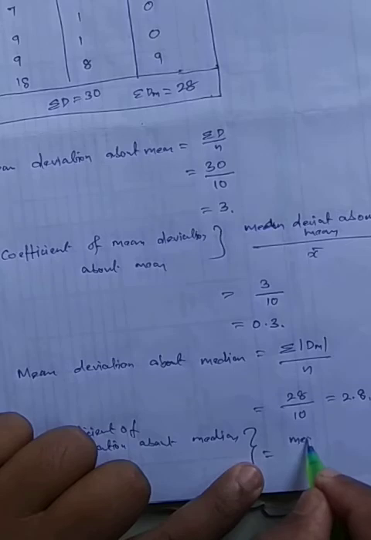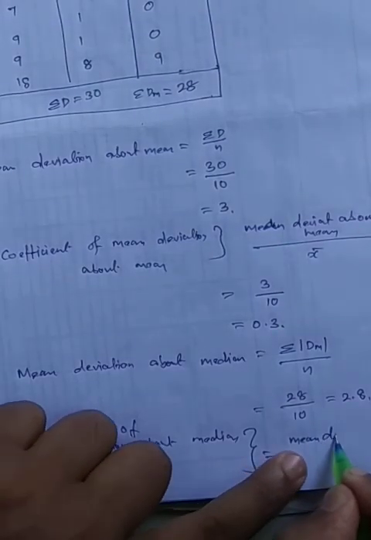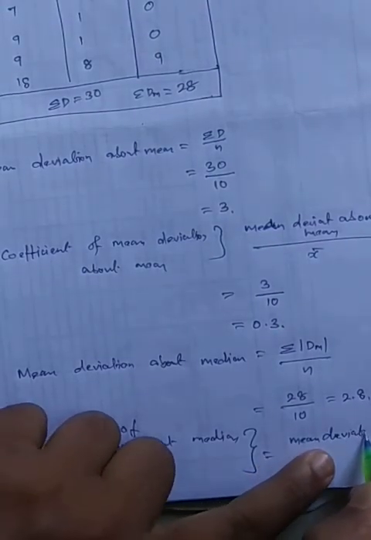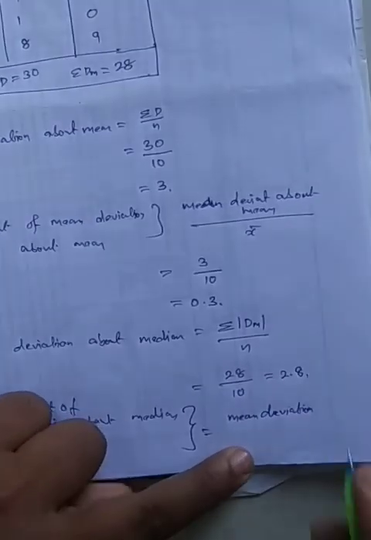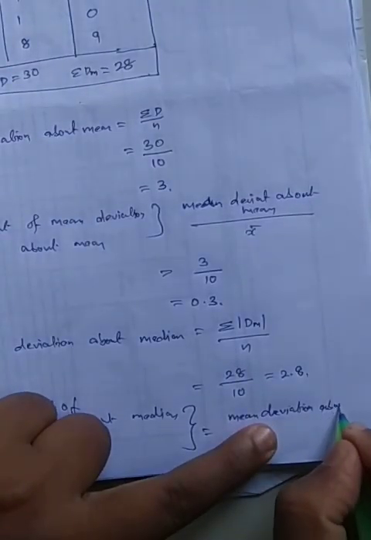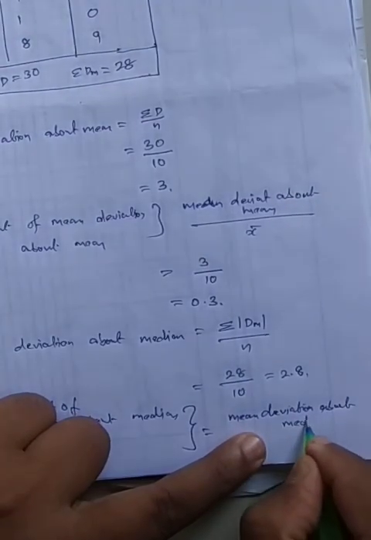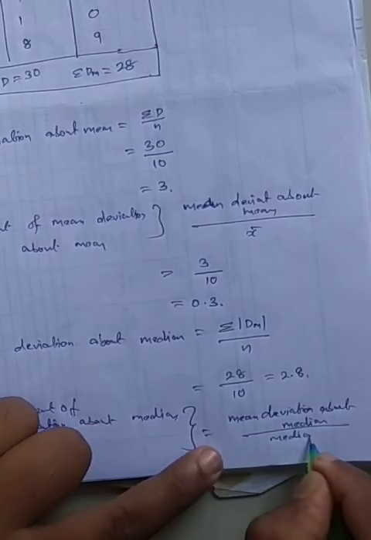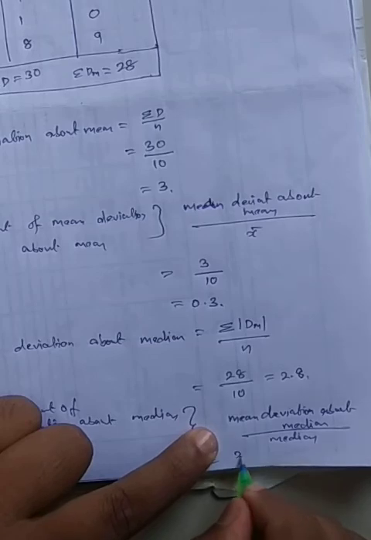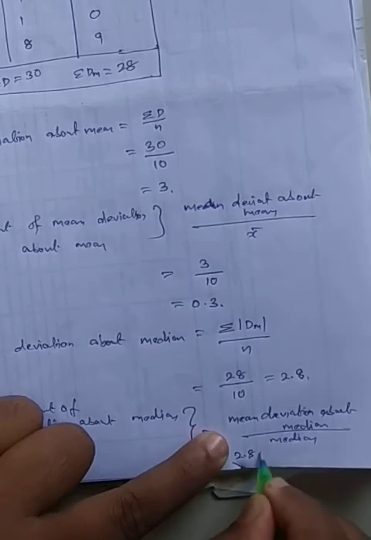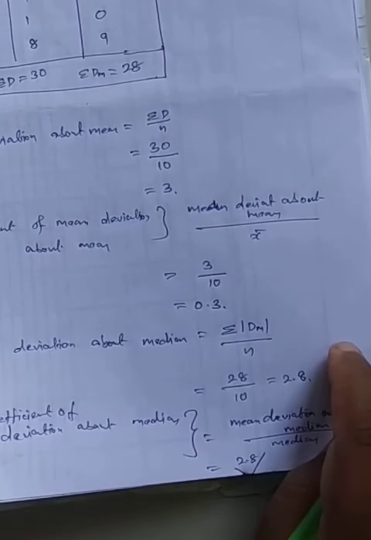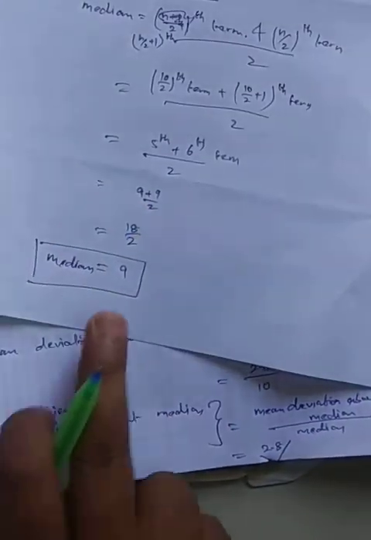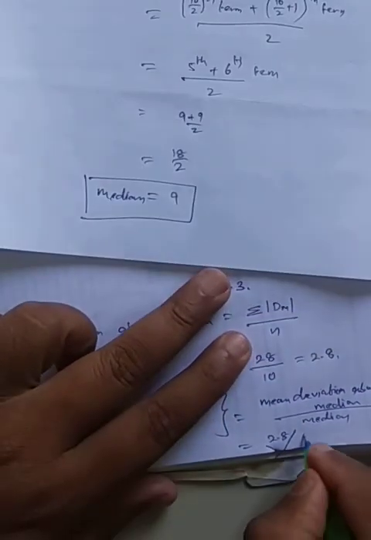Mean deviation about median divided by median. Here what's the value of mean deviation? 2.8 divided by median. What is the median we are getting? 9. In this page you have done 9. So therefore I am dividing by 9.